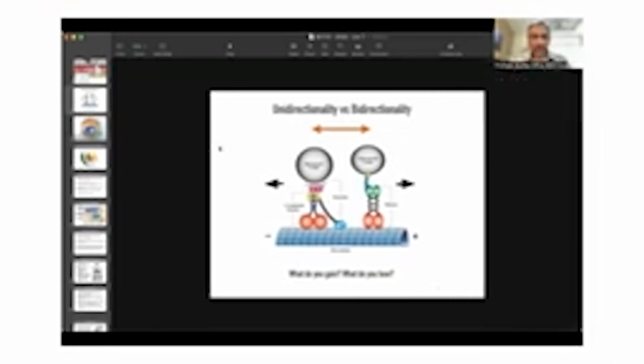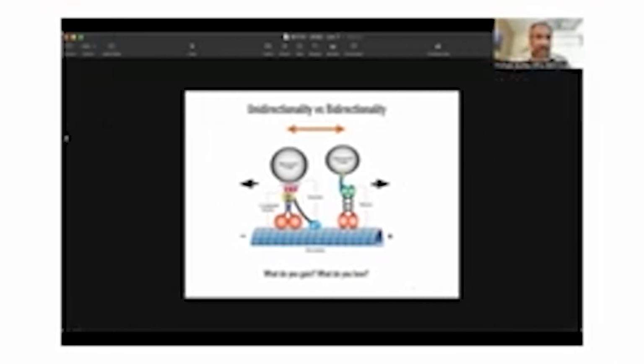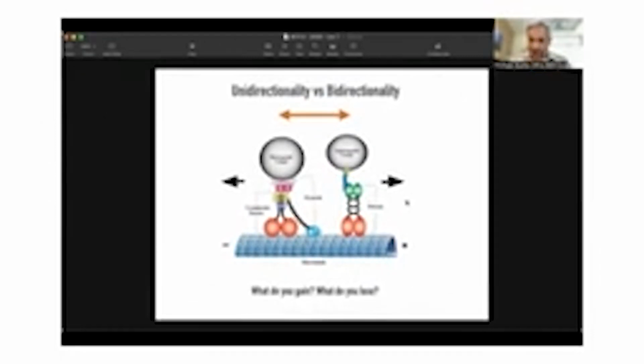So yeah, any thoughts, anybody? Unidirectionality versus bidirectionality. Nobody, no thoughts? Okay, somebody's put their hand up, I'm thinking.